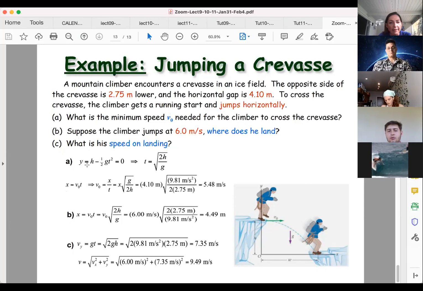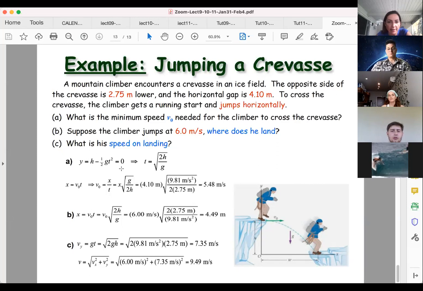So we have that here, V0 is only along X. We don't have anything along Y. I'm not jumping up. I'm just going with the X component of V0. So the Y displacement has H, which is the Y0.